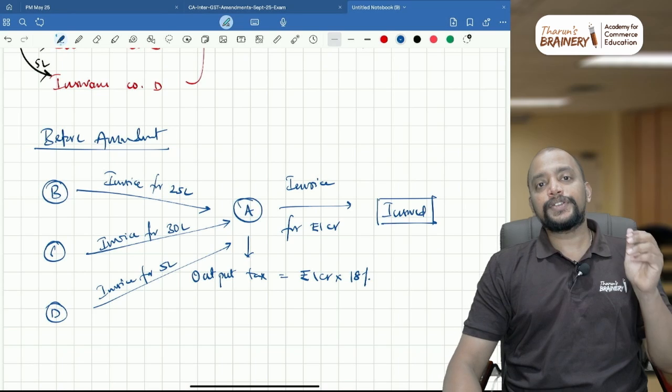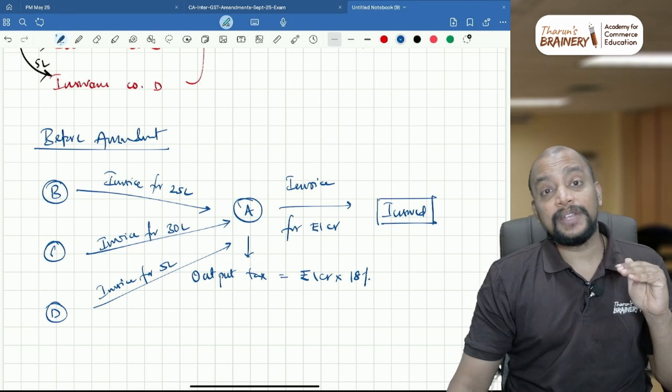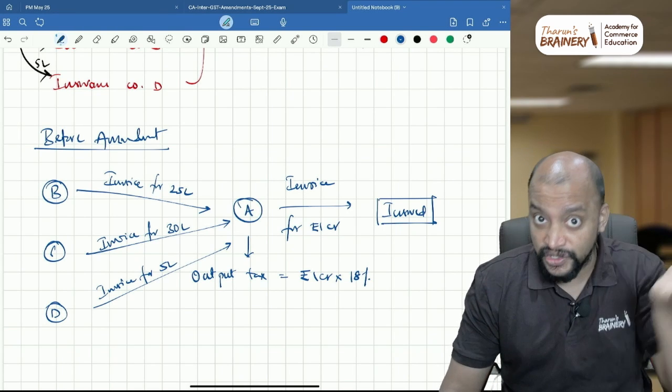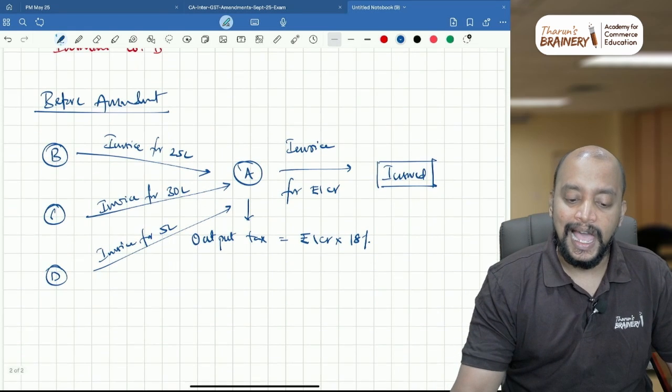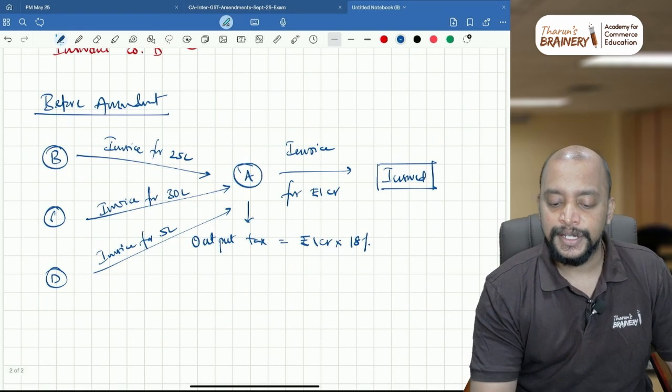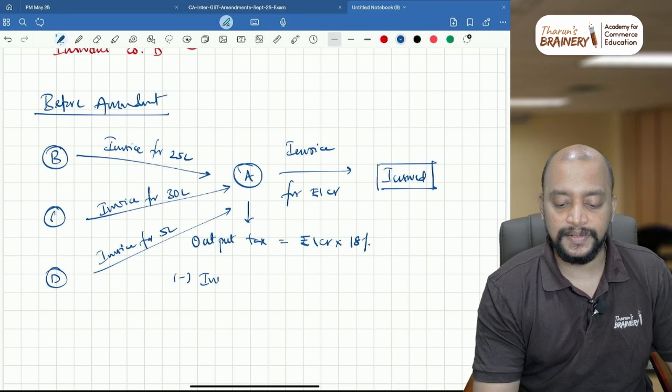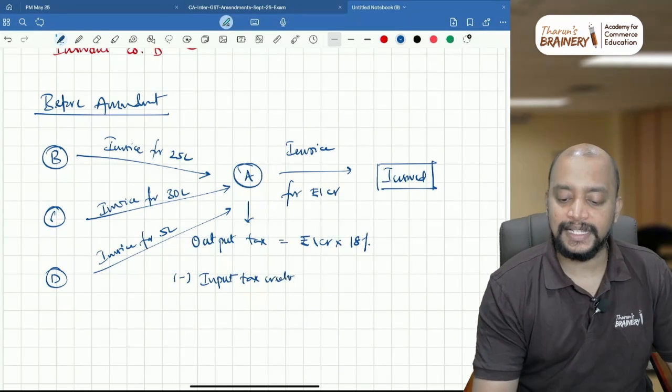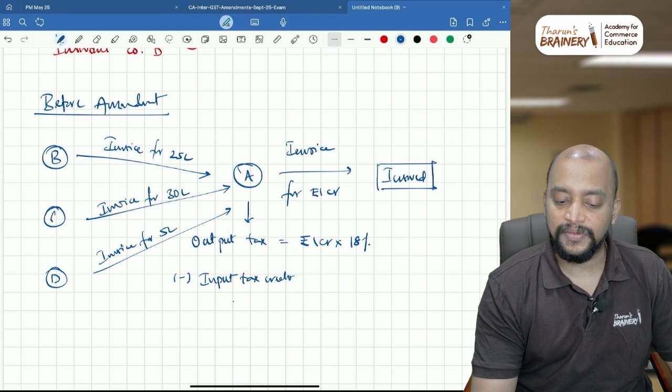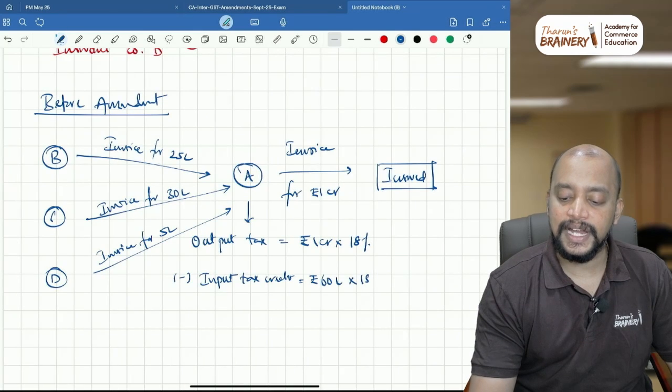Got it? Now insurance company B will pay GST on 25 lakhs, and as they raise the invoice, there will be input tax credit. What is that input tax credit? That input tax credit will be 25 plus 30 plus 5, that is 60 lakhs, into 18%.